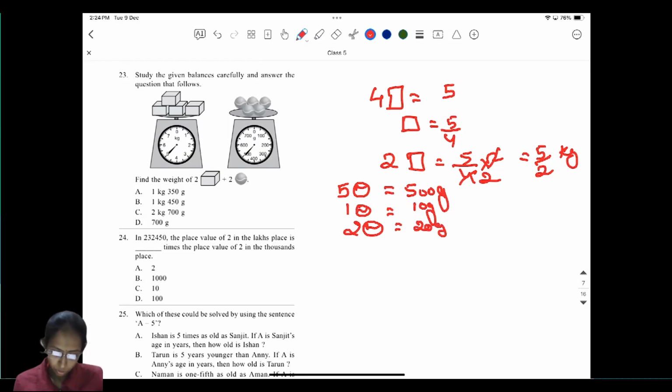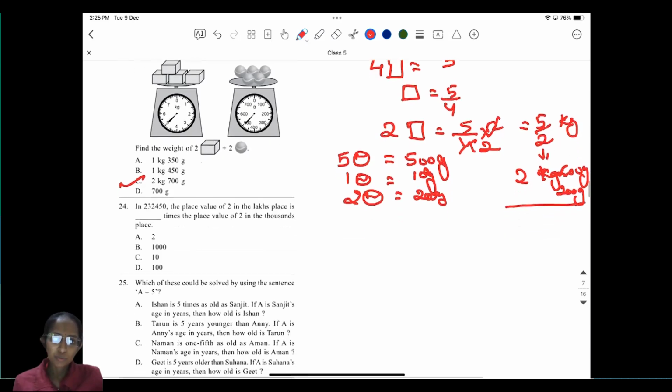So we need to find 5 by 2, that is 2 kg and 500 grams, which is the weight of 2 boxes, and 200 grams, which is the weight of 2 balls. So the total will be 2 kgs and 700 grams.